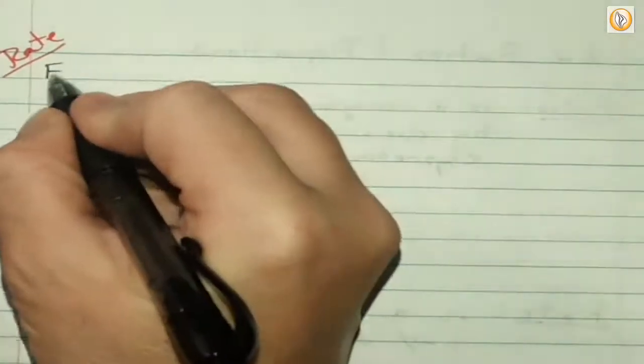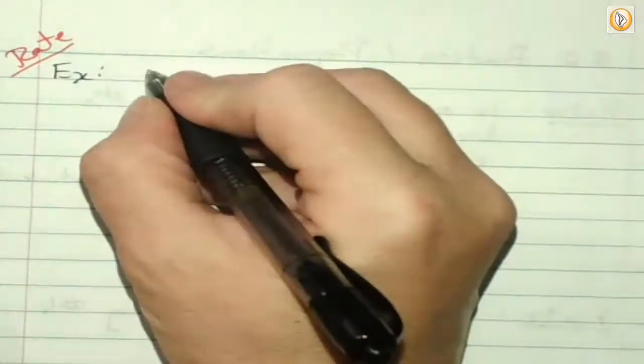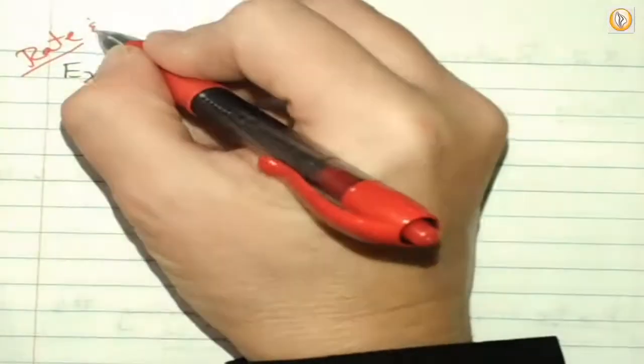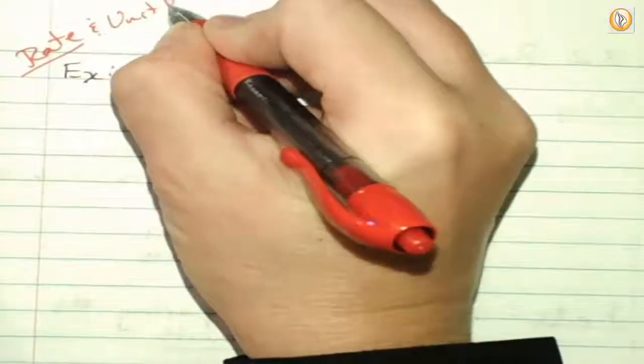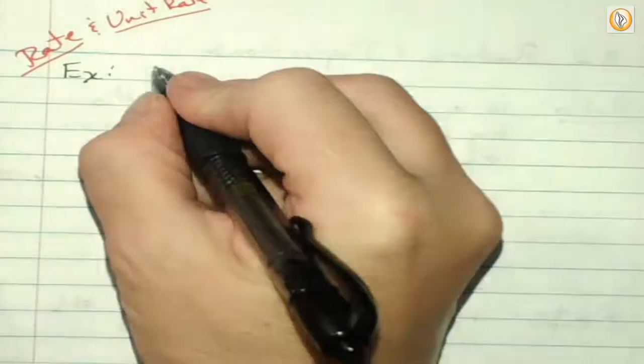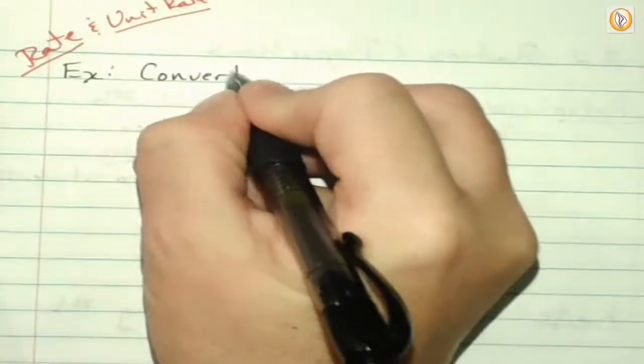So here's an example. With rate and unit rate, a lot of times you're doing a lot of converting. This is the stuff that a lot of kids are like, oh my gosh, I hate this stuff. It's going to get even crazier with the other example.